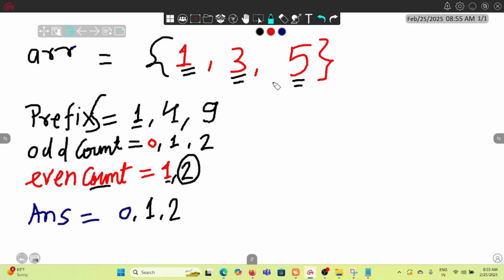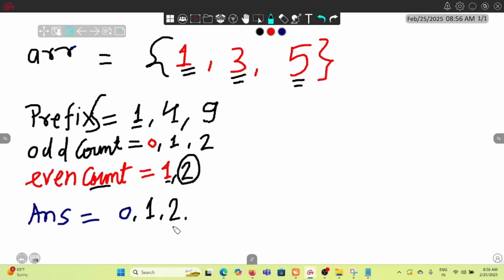That means at this point on the left side there are 2 such subarrays which have an even sum. So if we take the difference with them, we will get 2 such subarrays which will make an odd sum. So what we will do here, this 2 we would add into the answer.